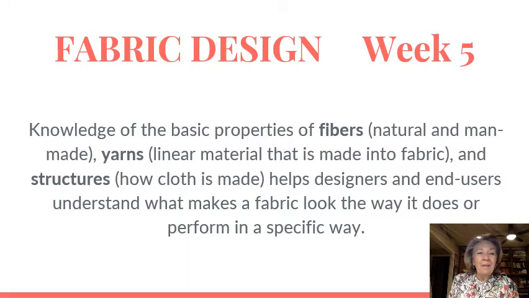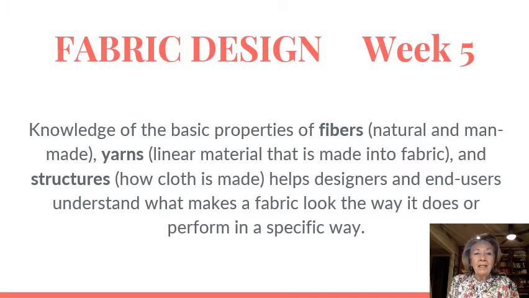All right, week number 5, fabric design. So we already have a knowledge of the basic properties of fibers, right? Natural and man-made. Let's refer back to our chart that we've looked at so often. We've talked about yarns, the linear material that is made into a fabric, and structures, how cloth is made, how it's woven or it is knit.